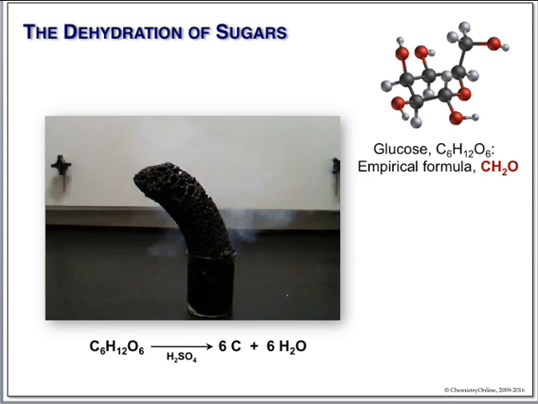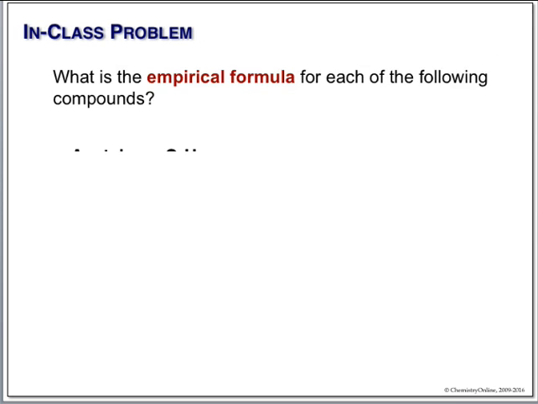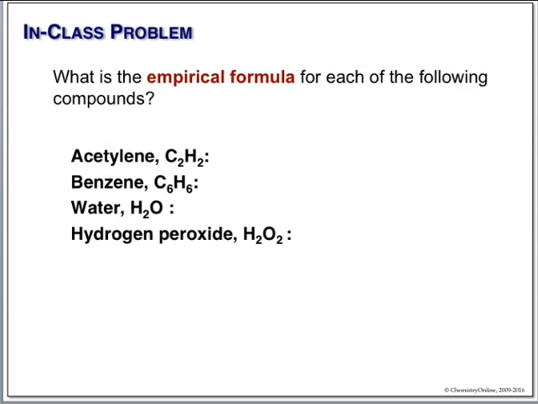All right, let's just look at some empirical formulas. Very quickly look at these molecules and tell me what their empirical formula is. Remember, it's the lowest whole number ratio. Acetylene. Acetylene is what we burn in a welding torch. 2 carbons, 2 hydrogens.